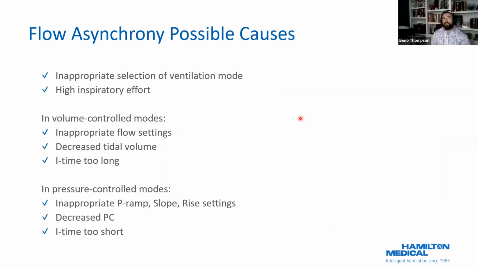All right, so what causes this? I know it looks like a lot of stuff right in here, but it's really not. There is one thing that causes this and one thing alone: not enough support, right? Either too little flow, too little volume, or a combination of the two, right? So the first one, probably inappropriate selection of ventilation mode. So if they're on fixed flow, first thing I would do is put them on something with variable flow.